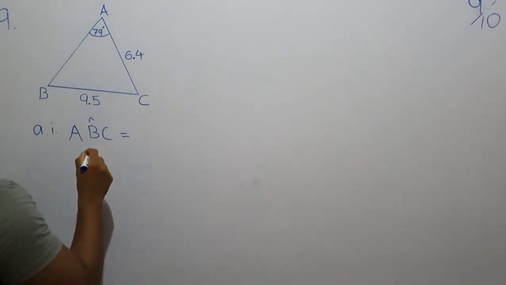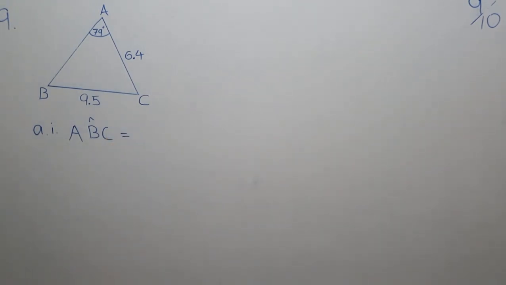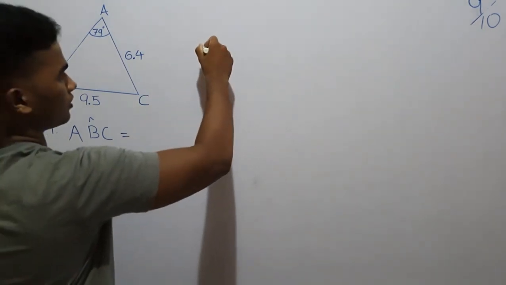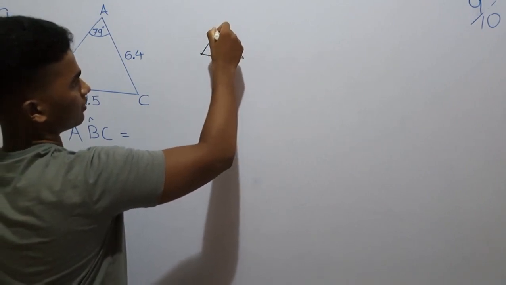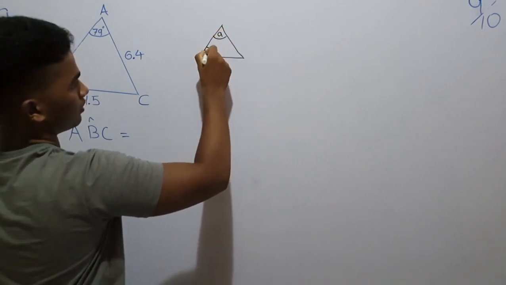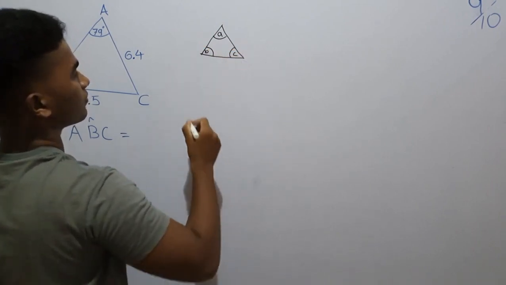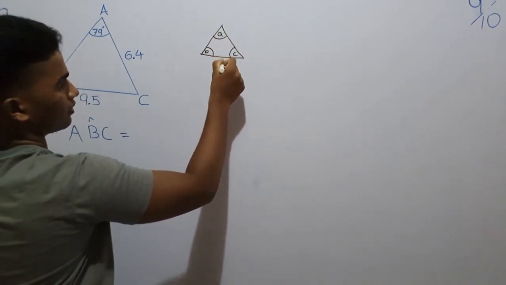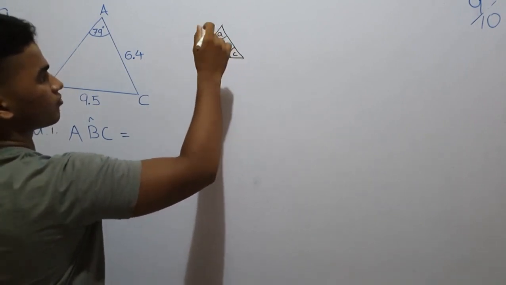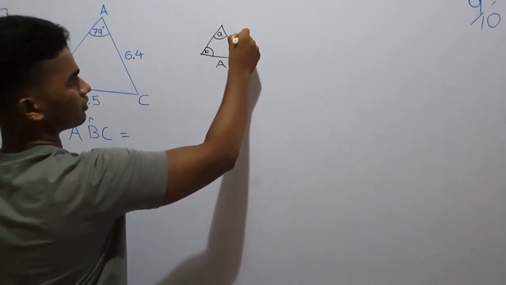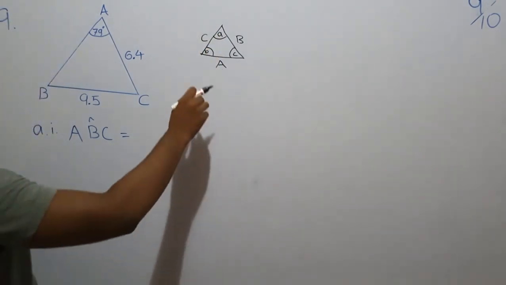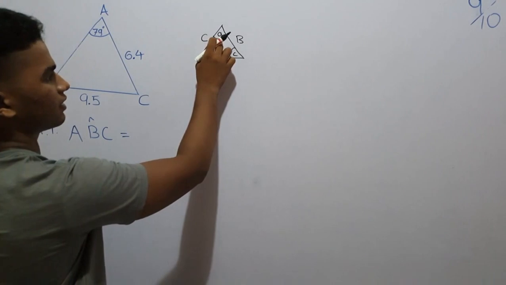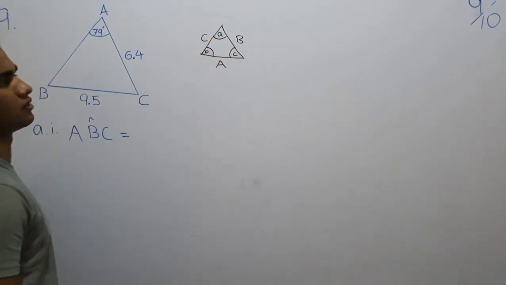So ABC, now at this point, you should make use of the sine rule. Sine rule is this. If you have a triangle, take this as A, this as B, and this as C. Capital A, B and C are the lengths, and simple a, b, c are the angles.